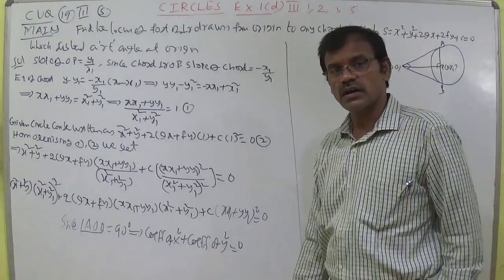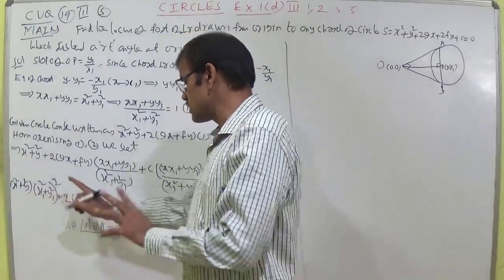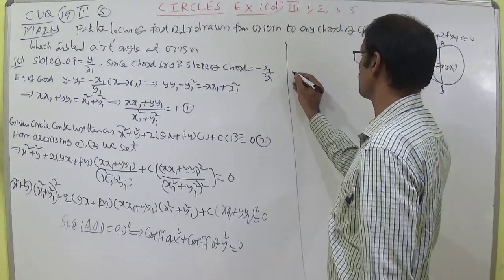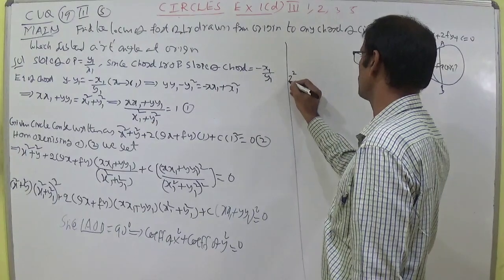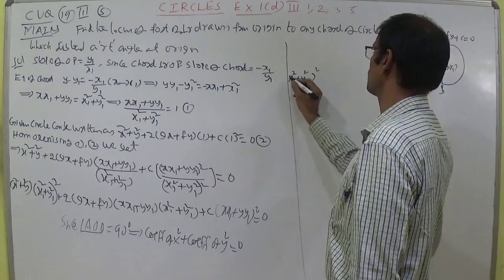Here, how we get the coef of x square? Here, x square coefficient, y square coefficient is as it is, x1 square plus y1 square whole square you can write. No problem there. x1 square plus y1 square whole square.